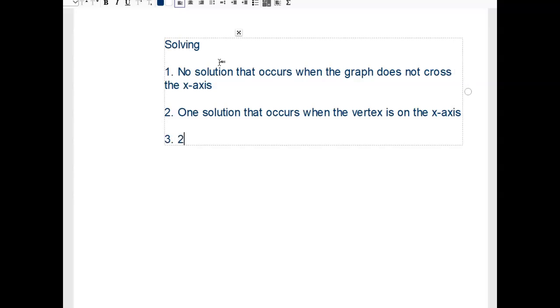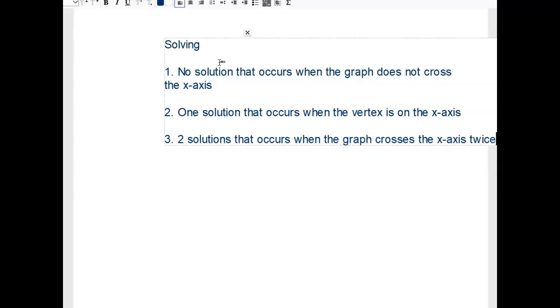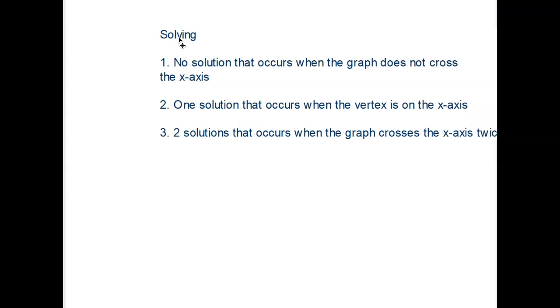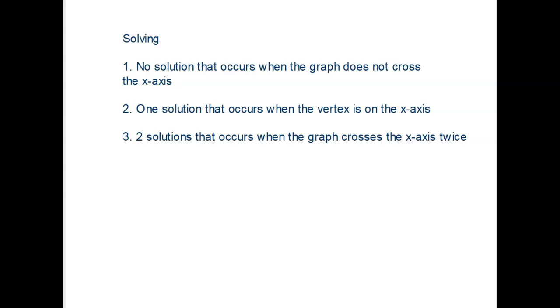And then the third case is 2 solutions, and that occurs when the graph crosses the x-axis twice. You can never have more than 2 solutions. All right, good luck on the remaining problems.